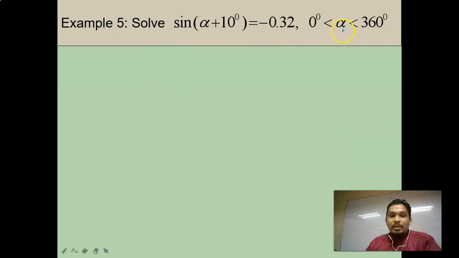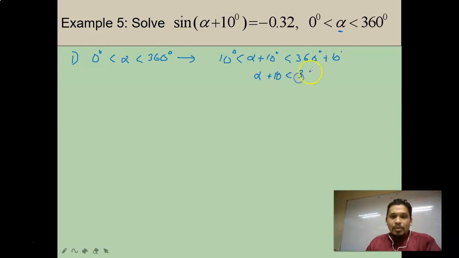So look at this one here. Now we say the angle alpha lies between 0 and 360 degrees. So first, we define alpha from 0 to 360 degrees. Then alpha plus 10 degrees: 0 plus 10 equals 10, and 360 degrees plus 10 degrees equals 370 degrees, so alpha plus 10 ranges from 10 degrees to 370 degrees.